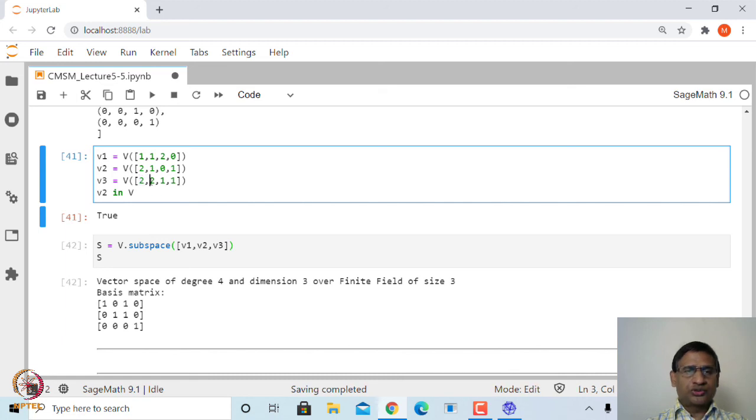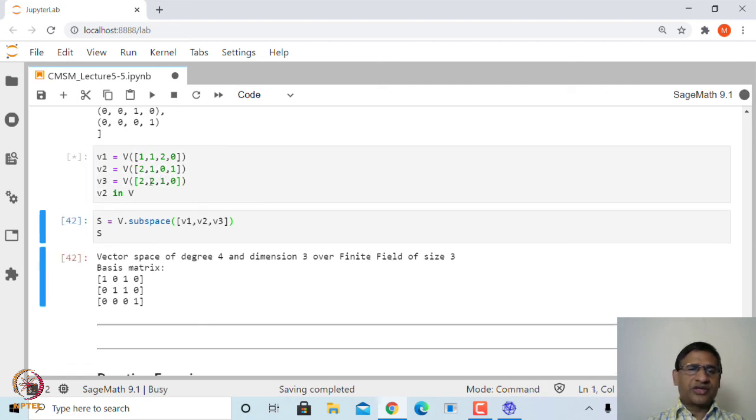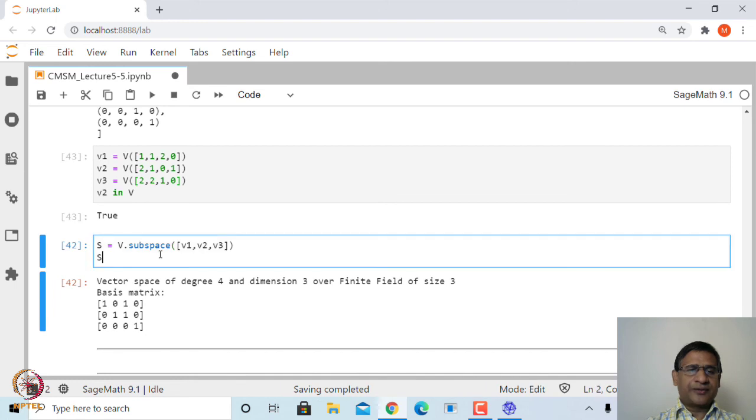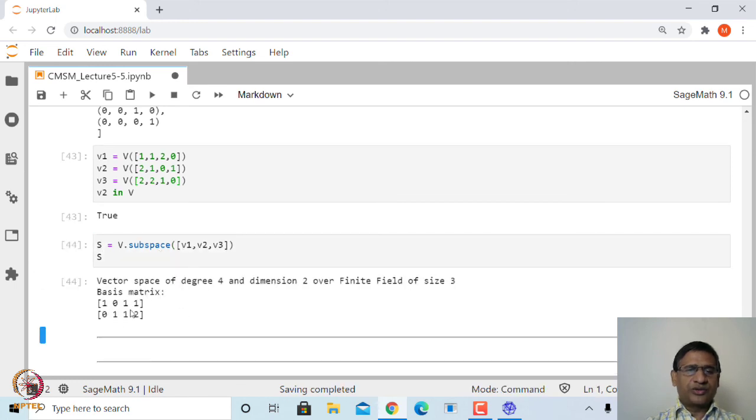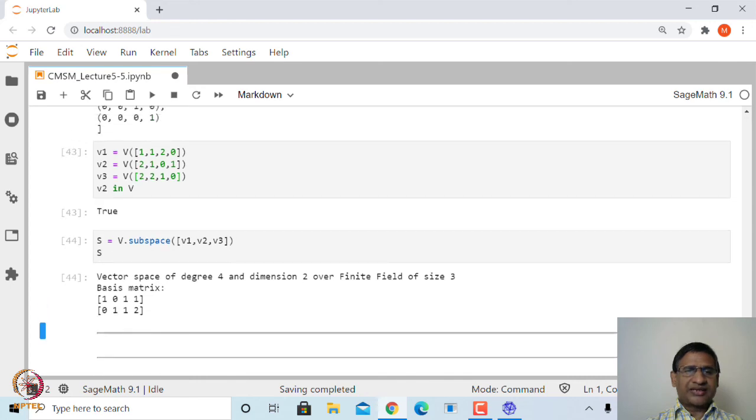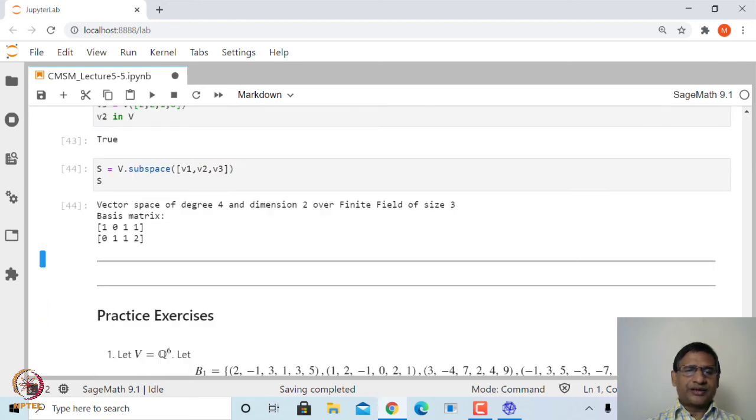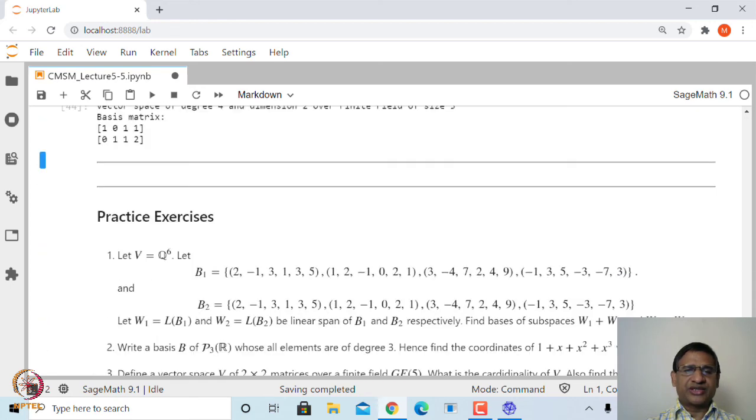So this is 2, this is 2, 4 would mean 1, this would be 0. If I do this and then find the linear combination, you can see that now it is a subspace of dimension 2. Similarly, you can work with matrix space and try to find its basis, dimension, etc.